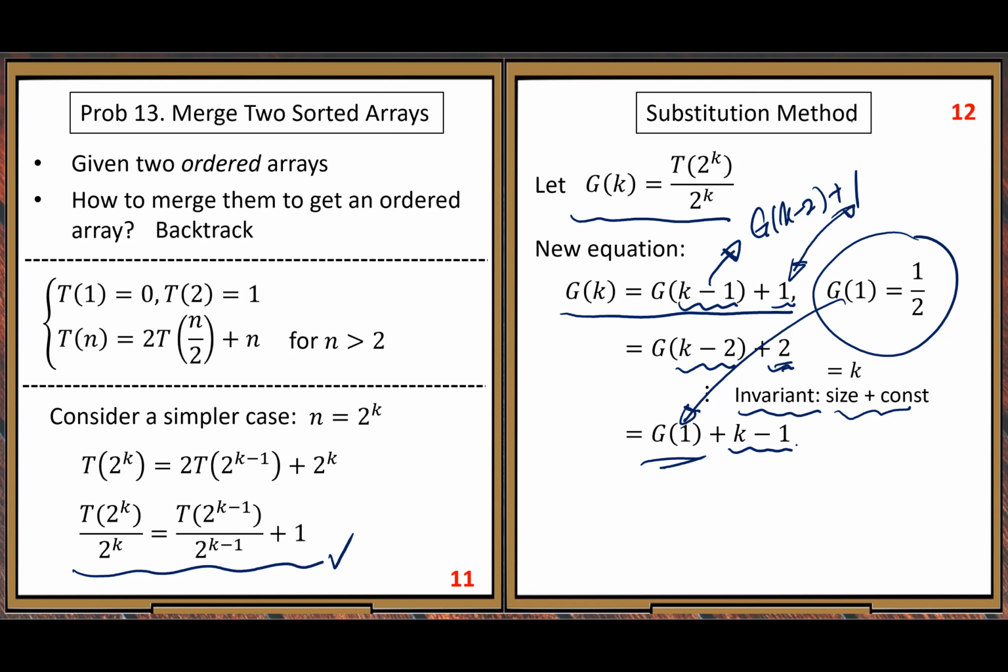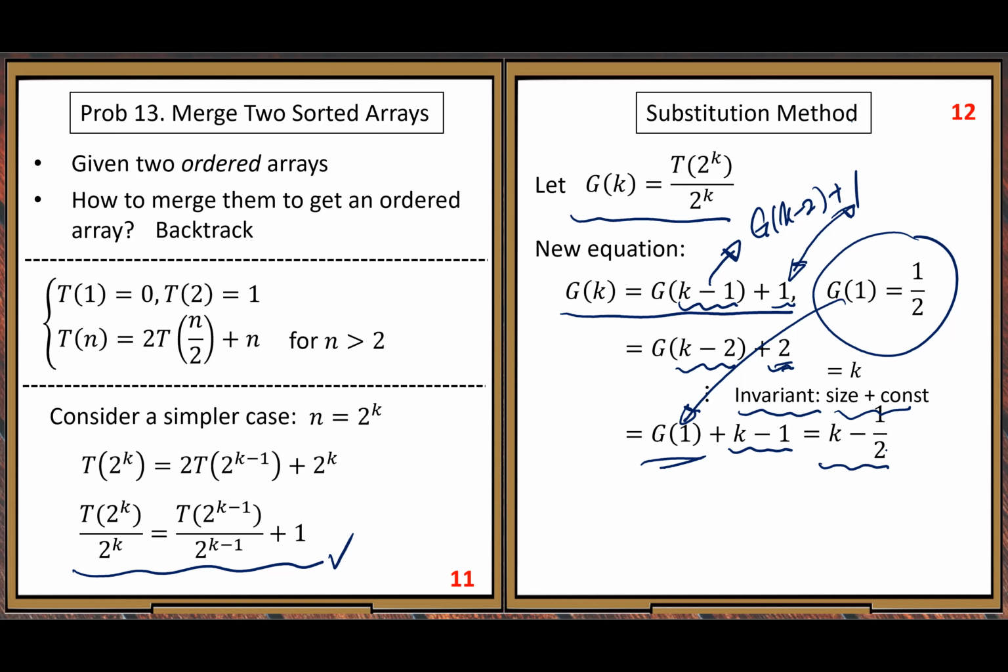All right, then the final solution. Before I finish today, let me give you the final solution. Because g of 1 equals 1/2, let's plug in. So we get k minus 1/2. But we need to go back to the original n number, so we should get the answer in terms of n, not k.